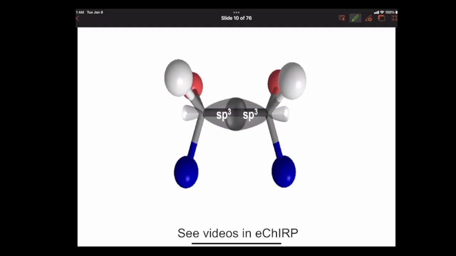There is slightly. It's very easy to rotate, but there's a bit of a barrier. If you look down this bond, what I'm showing you, where the hydrogens on their end are aligned, the ones up here at the front are aligned with the ones here in the back, right? This is different than that.